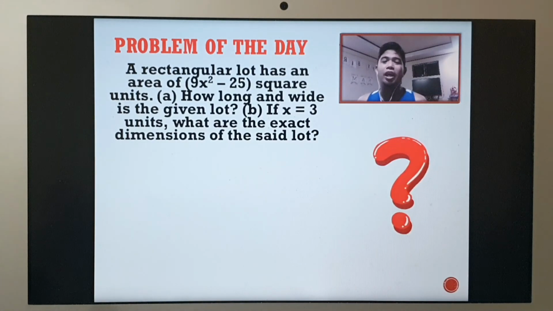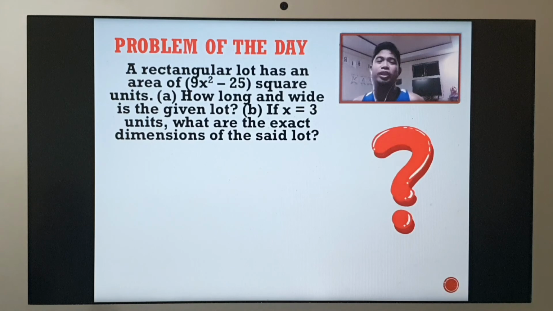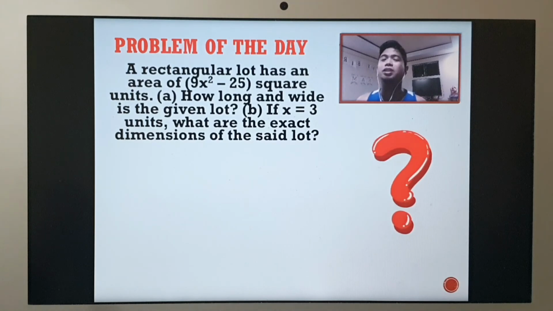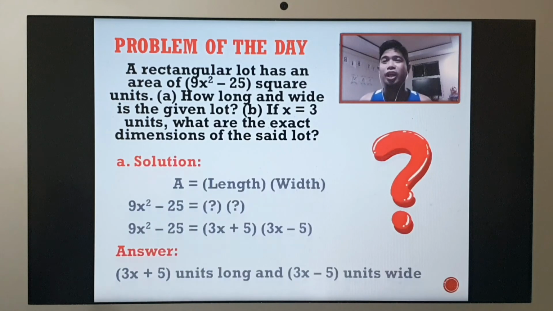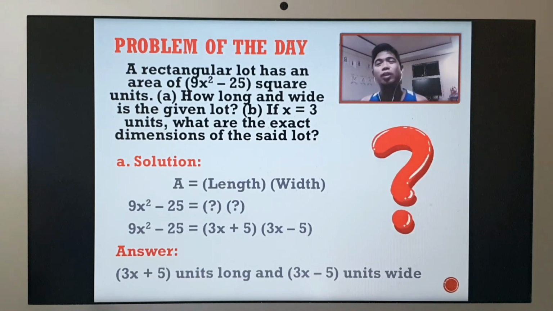Letter B, if x is equal to 3 units, what are the exact dimensions of the said lot? To solve the first question, we simply factor 9x squared minus 25, which happens to be a DOTS, or a difference of two squares. What now is the factored form of 9x squared minus 25?